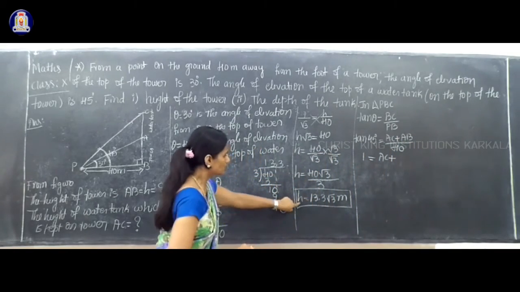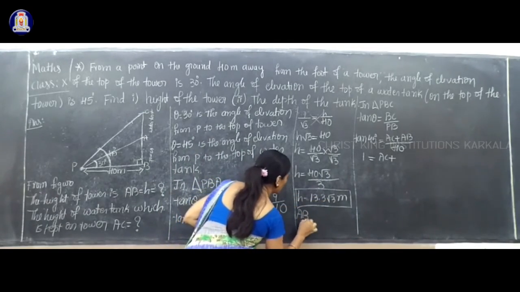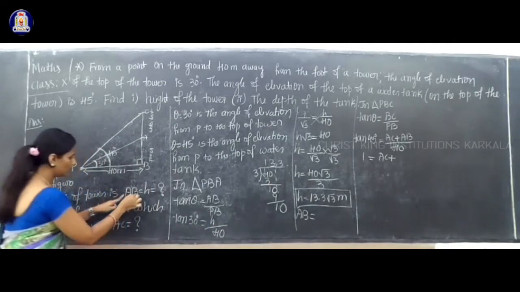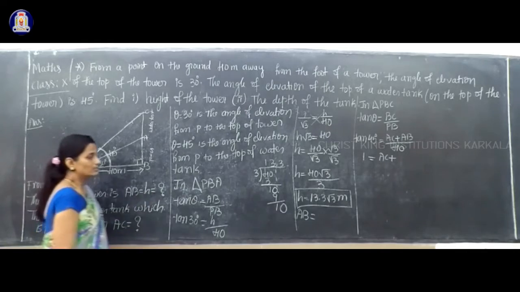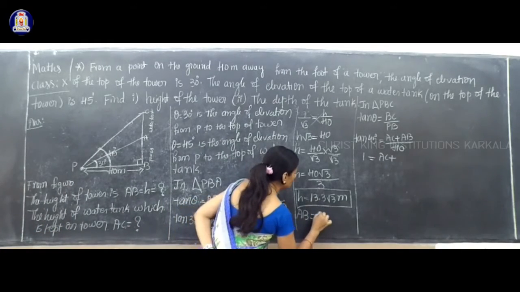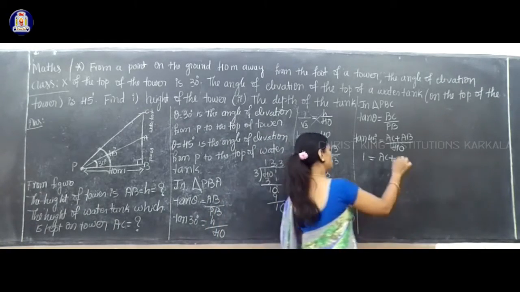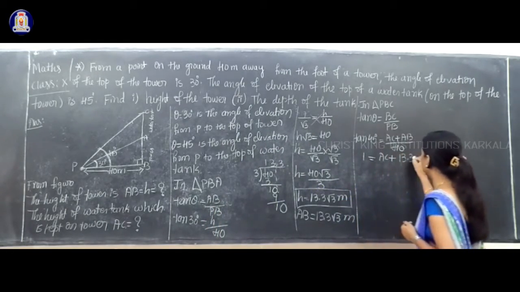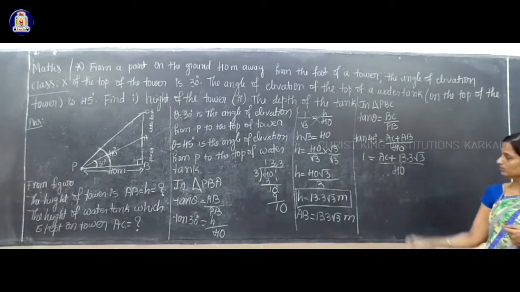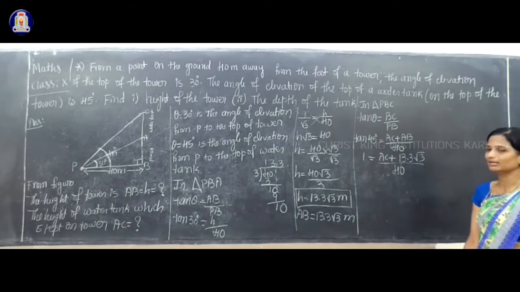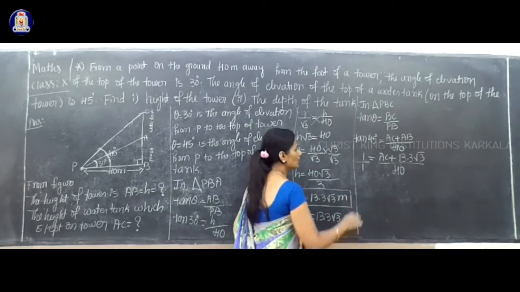Just now you got h is equal to 13.3 root 3, which is also AB, because I took AB as the height of the tower, so AB is equal to h. So h or AB is equal to 13.3 root 3 meter. Can I substitute that? 13.3 root 3 divided by 40. Clear? Now cross multiplication, because I need AC.